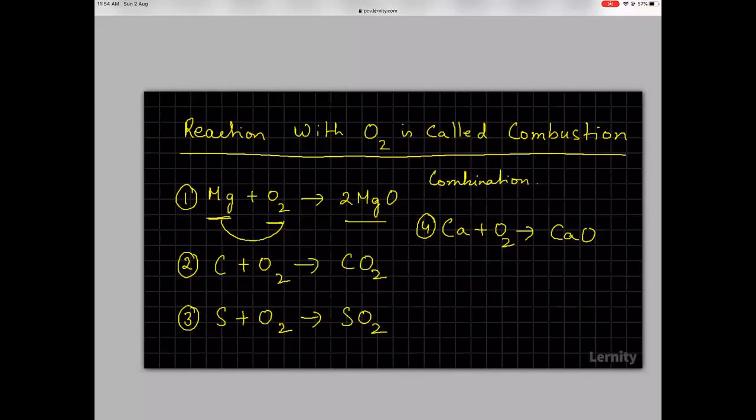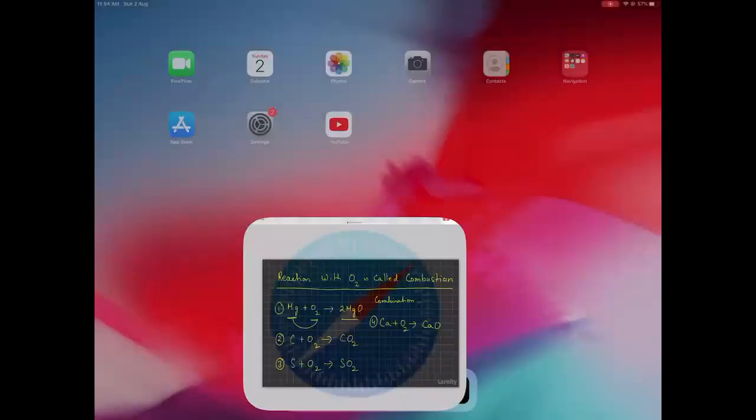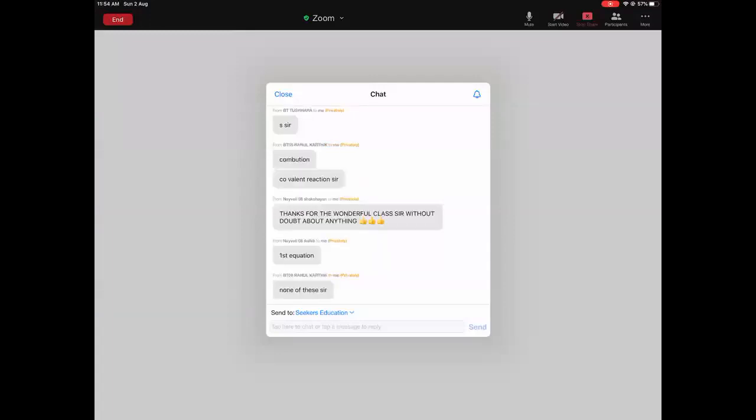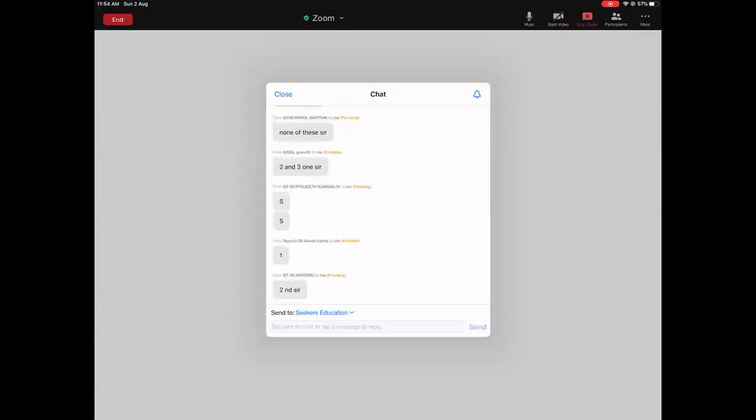Which of these will give you electrovalent compounds? Yes, Sakshyam. None of these. Second and third. Second.